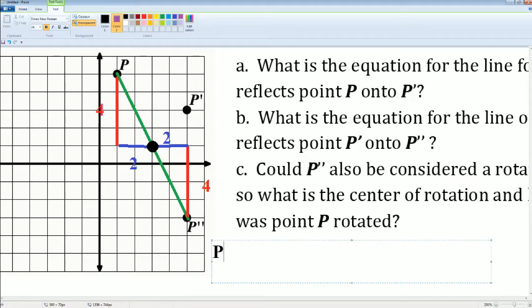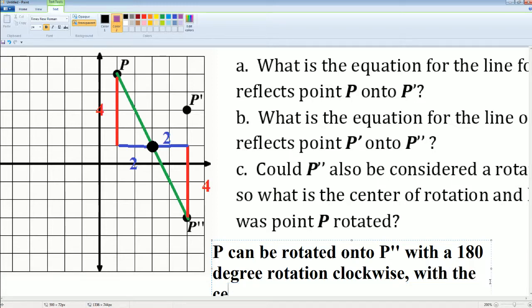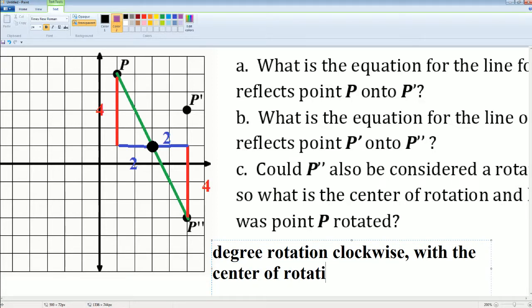P can be rotated onto P double prime with a 180-degree rotation clockwise, with the center of rotation at the point, what is that?